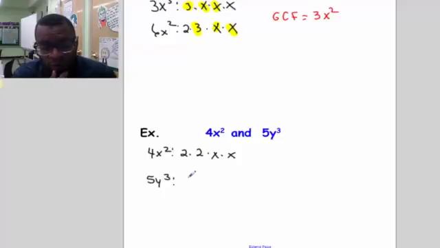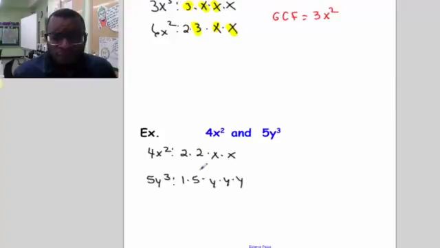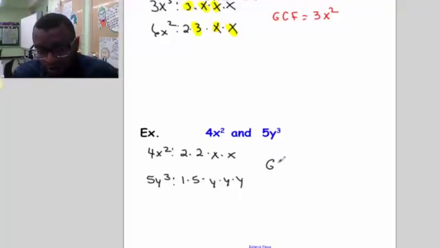For 5y cubed, the factors of 5 are just 1 and 5 because it's a prime number, and y cubed is y times y times y. But wait a minute, here we don't have any common factors. Nothing in between our two terms matches up to where we had a common factor like we did in our previous example. So in the case where your two terms don't have any common factors, your GCF is going to be 1.